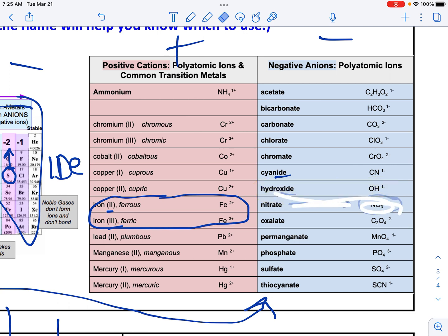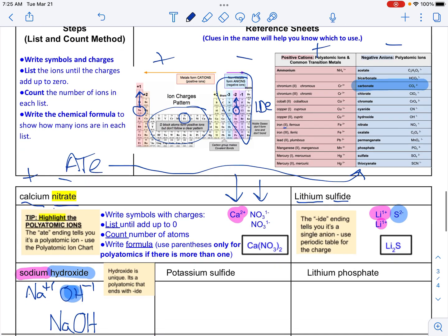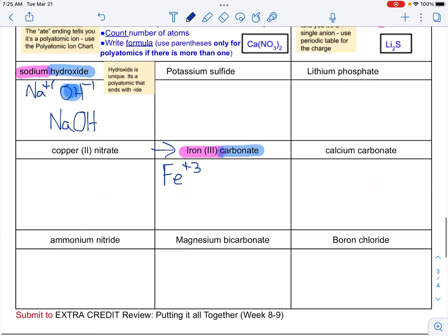This is getting a little messy, so I will erase some things here. I was looking for carbonate, and there it is, CO3 2-. Now my next step is to list them until they add up to 0. +3 and -2 do not add up to 0.